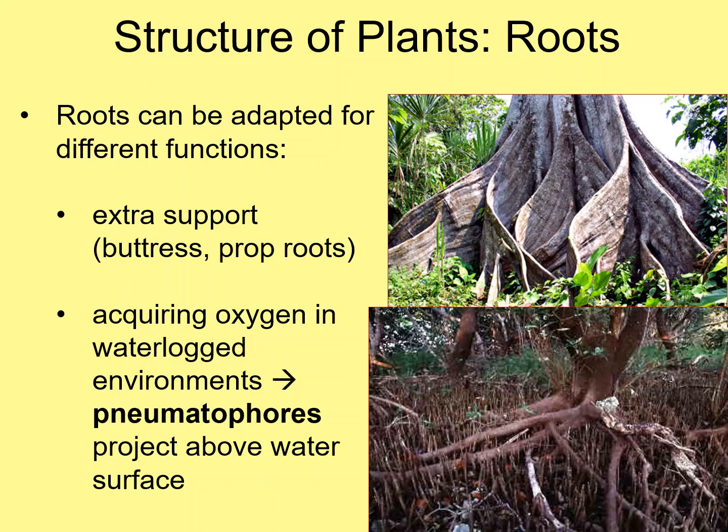You end up with all those air pockets that had oxygen in them getting filled up with water. And so you're essentially, those roots are drowning. And so the pneumatophores are a mechanism where you have essentially modified roots coming up from the bottom and siphoning air and essentially bringing oxygen to the root cells so that they don't die.